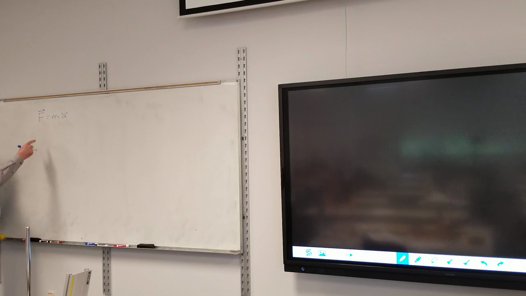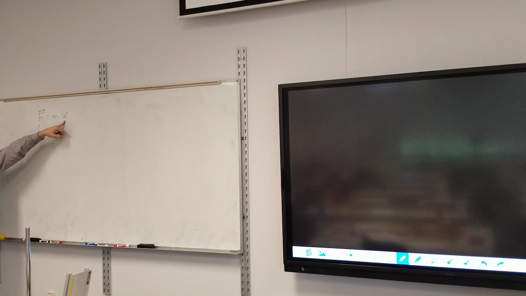Key things here: one, the only two vectors in the problem, and so whatever the direction of the total force is, the direction of the total force is the same as the direction of the acceleration.